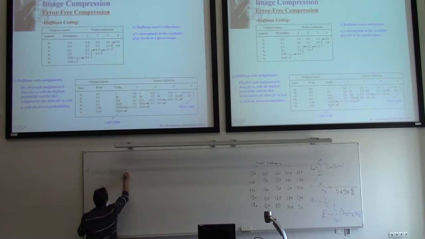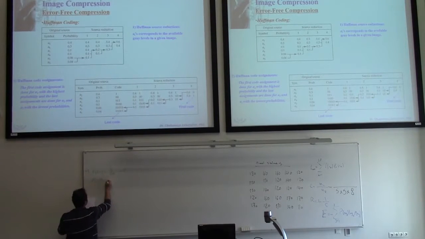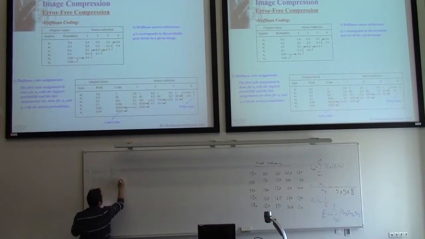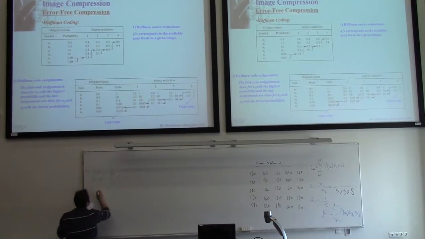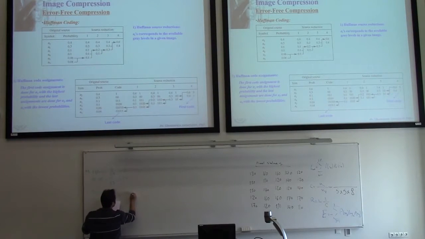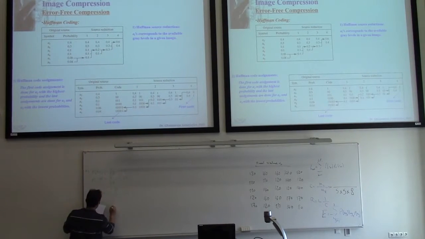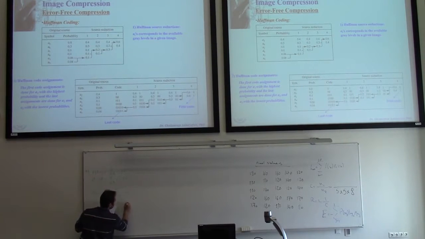5/25, 0.2. The probability of the pixel gray level value of 120 is 7/25, 0.28. Okay. 140, 5/25, 0.2. 160, 4/25, 0.16.